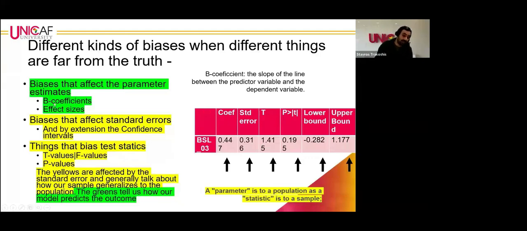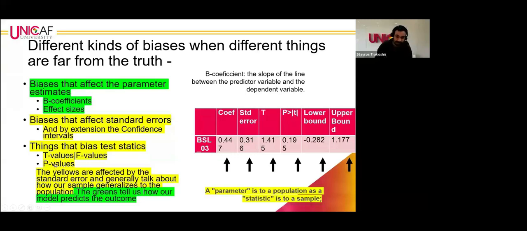It can be seen in the beta coefficients or the effect sizes, and in the t statistics or the f statistics if we have them, and the p-values. Where my model is far from the truth, I can identify what is wrong with it.